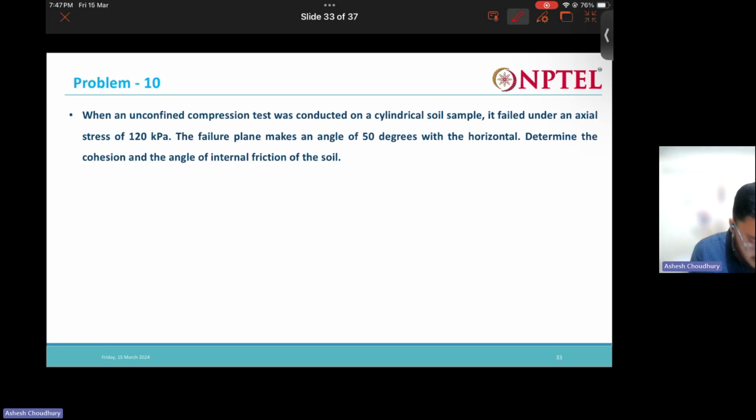Here you cannot use it directly because this has some phi value. There is some C and phi value, so directly you cannot have C equal to Q by 2 or C equal to sigma 1 by 2. If phi is 0, then you can write C equal to sigma 1 by 2 or C equal to Q by 2, but you cannot do that here.